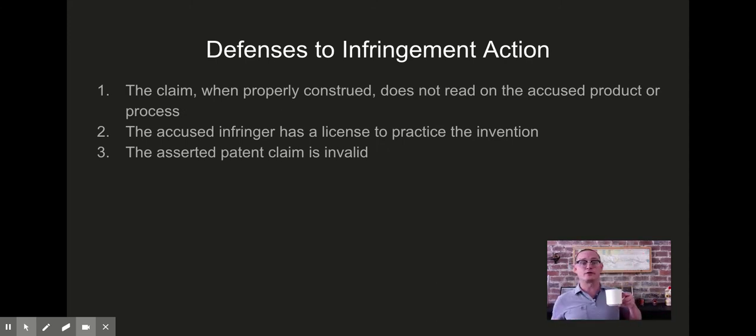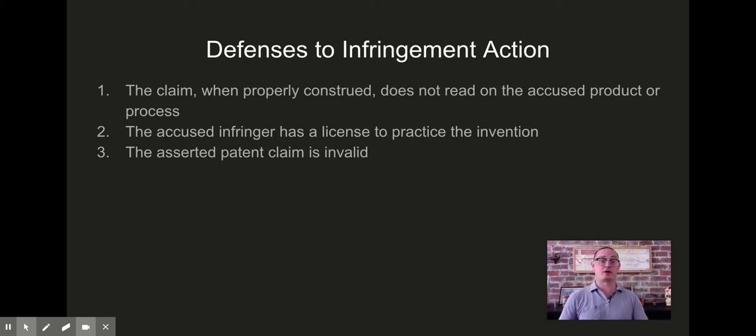So what are the defenses to an infringement action? We're going to talk about those more in our next class, but there are three primary defenses. First, the product in question doesn't actually satisfy all the limitations of the patent. In other words, the claim doesn't read onto the accused product. It doesn't actually infringe. Something's missing. One of the limitations isn't met, therefore infringement hasn't actually occurred.